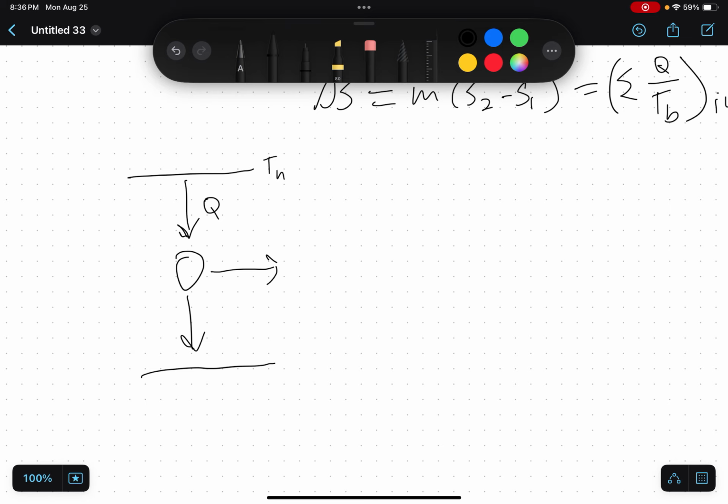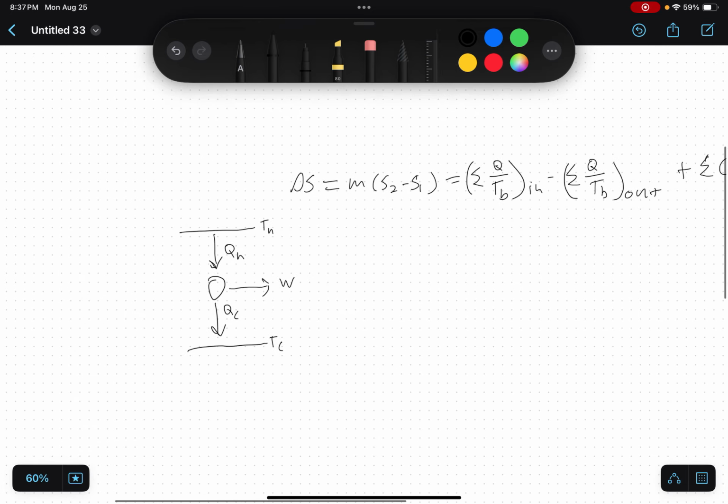I know this is kind of abstract, but if you Google Carnot equation, this is how you derive it. So it's QH because it's coming from the hot surface, and it goes to either producing work or the rest of it will go down to the cold surface. And you're like, what even is this? And I said the same thing, but it is kind of useful sometimes.